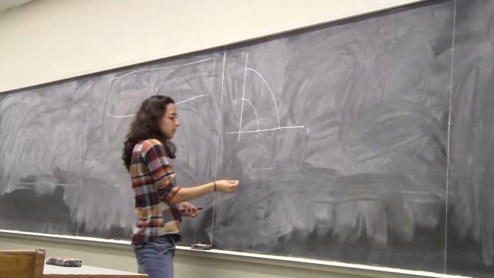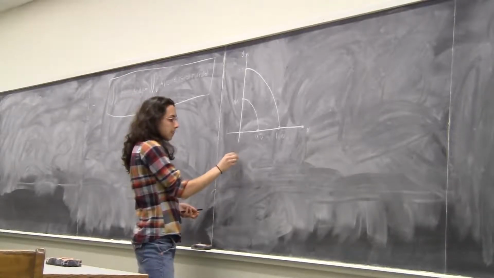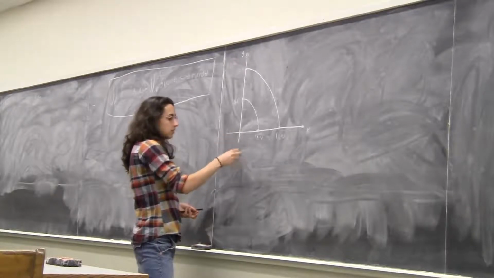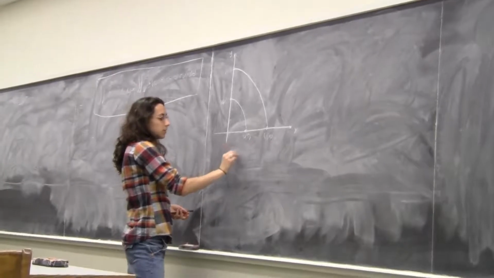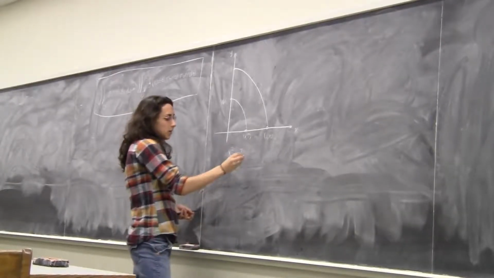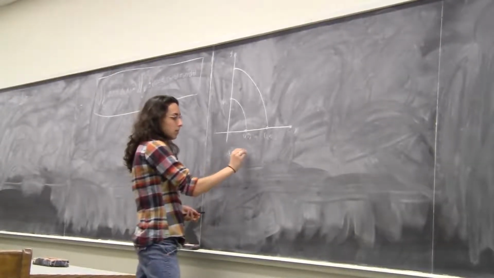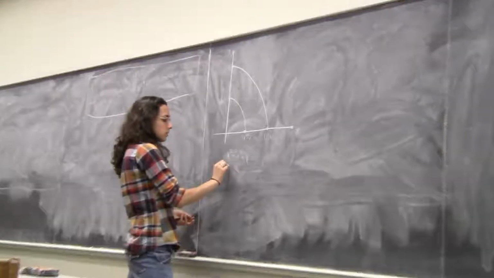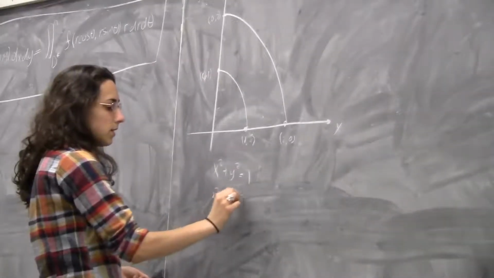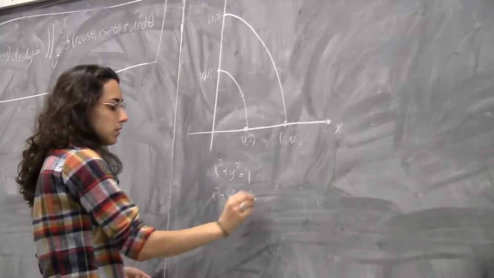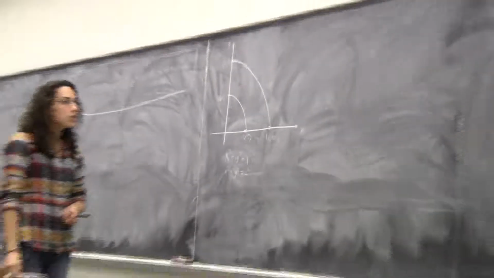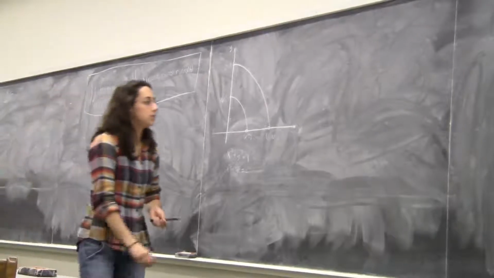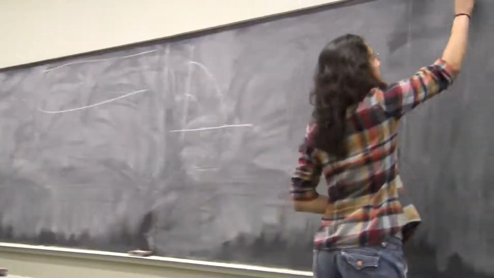So here we have the area between the two quarter circles, x squared plus y squared equals 1 squared, or 1, and x squared plus y squared equals 2 squared. Okay, and we're going to want to integrate the following function over this region.